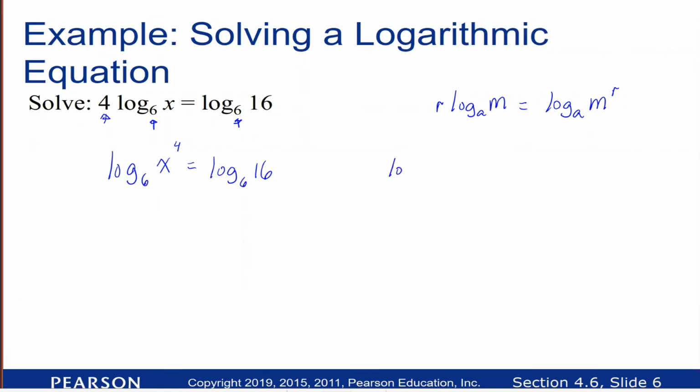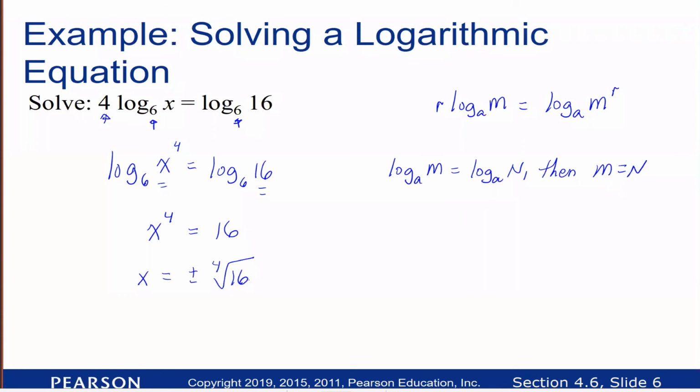So now we can use the fact that if log base a of m equals log base a of n, then m must equal n. So I can set each of the arguments equal to each other, and I get x to the 4th equals 16. Now take the 4th root of each side of the equation, and you get that x is plus or minus the 4th root of 16, which is plus or minus 2.